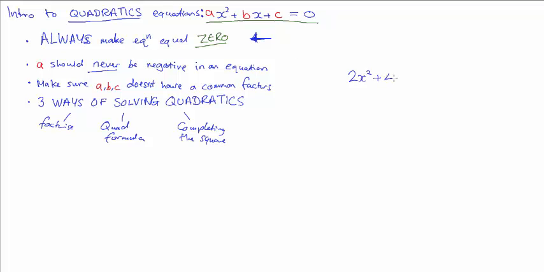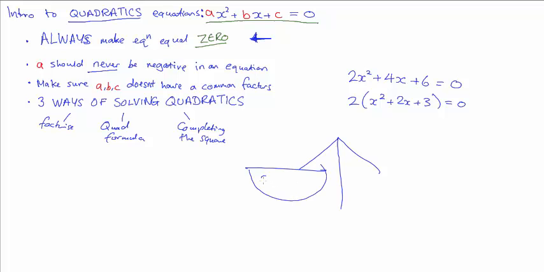Imagine you find yourself trying to solve something like this. Yeah, so if you do that, then watch this. Can you see I can write this side as 2x squared plus 2x plus 3 equals 0. So, can you see? Here's what I've got.